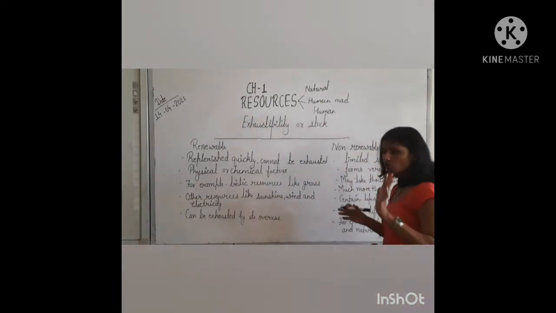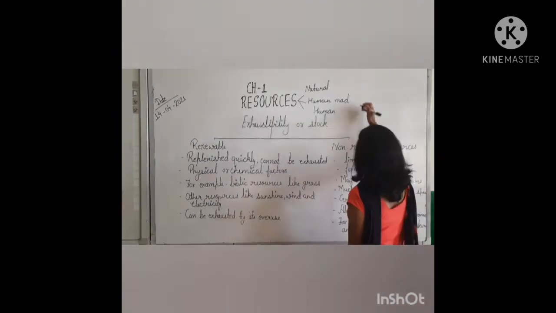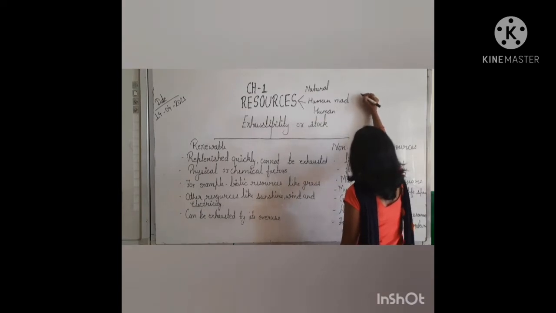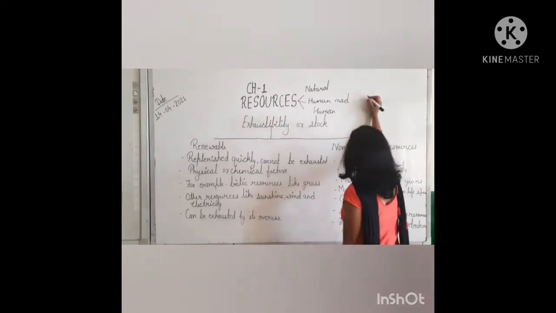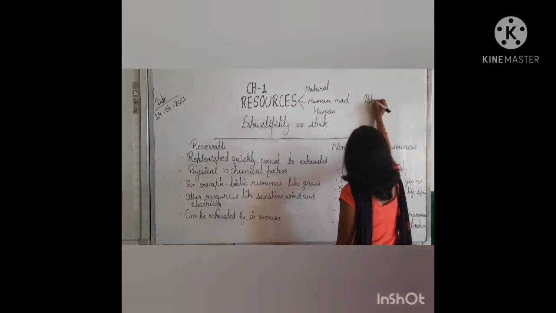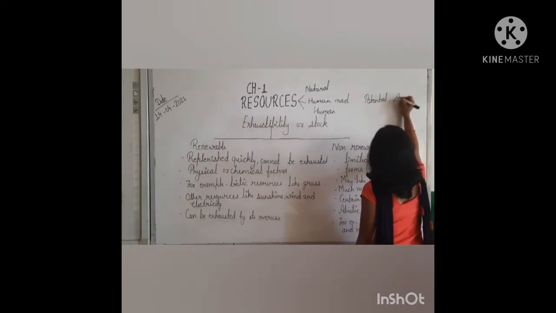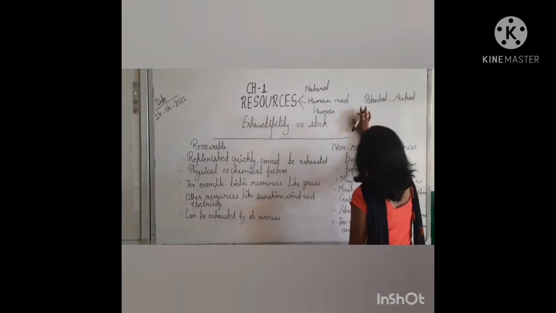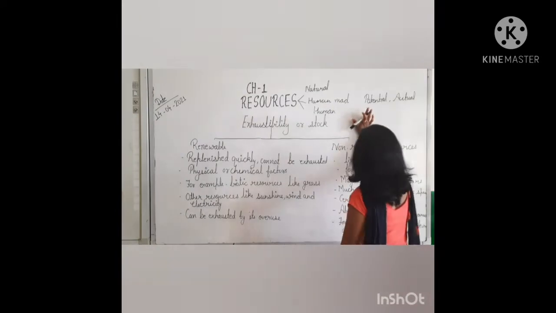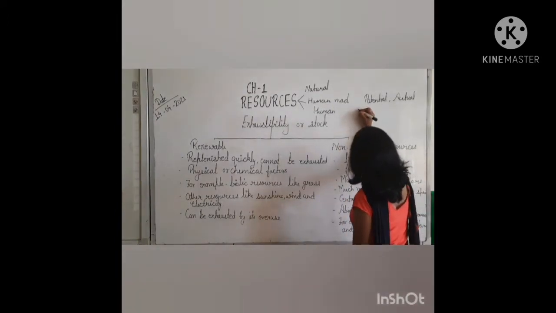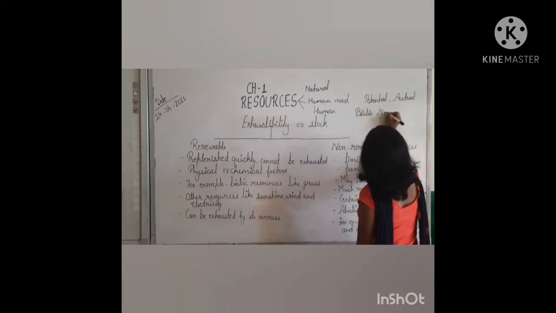On the basis of their use or development, natural resources can be divided into two parts, that is potential resource or actual resource. On the basis of their origin, we divide the natural resources into two parts, that is biotic or non-biotic.